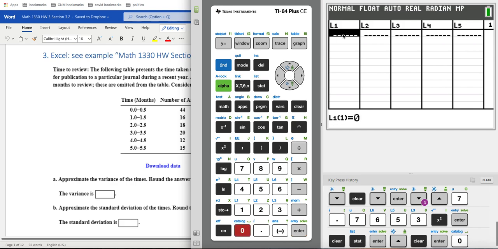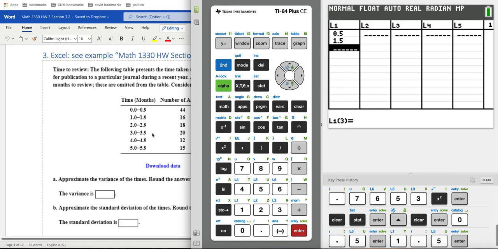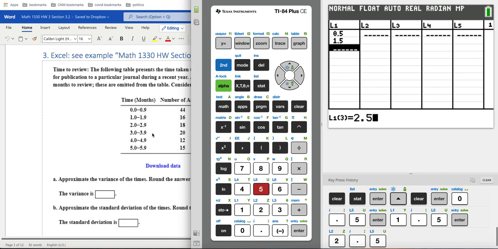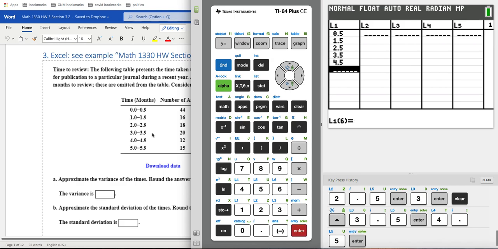So that's going to be 0.5, and then 1.5. It always ends up following a pattern because the groups of times are in the same, in this case, 1 month range. So 2.5, 3.5, 4.5, and 5.5. So that's the midpoint of this range.